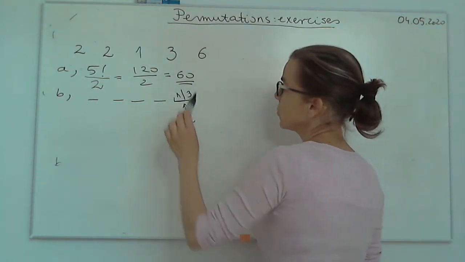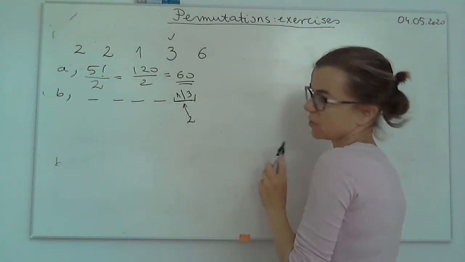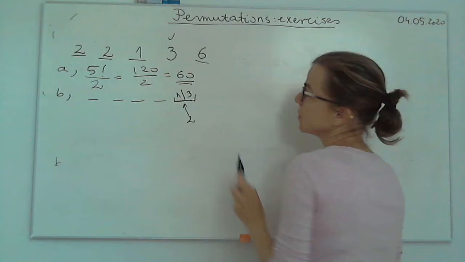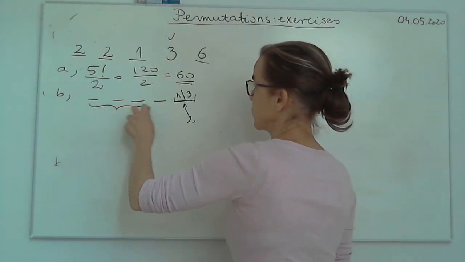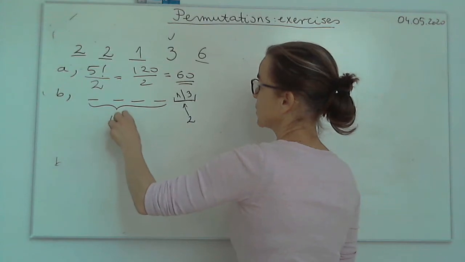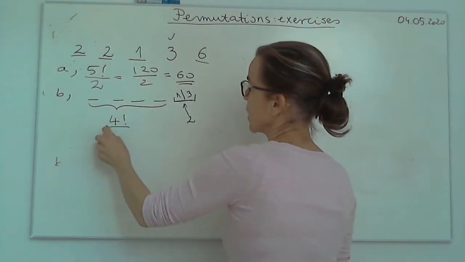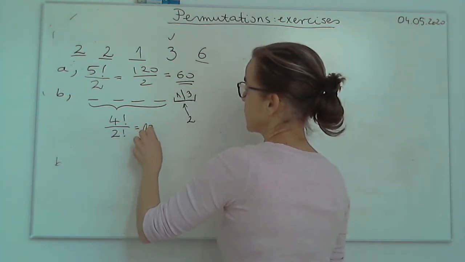In the remaining 4 slots, let's say I put 3 here for the sake of argument, I have to place these 4 digits. Well, they can be ordered, as we know, in 4 factorial ways, but here are these 2 identical 2's, so I have to divide it by 2 factorial, which gives me 12.